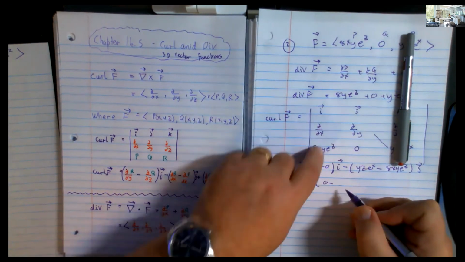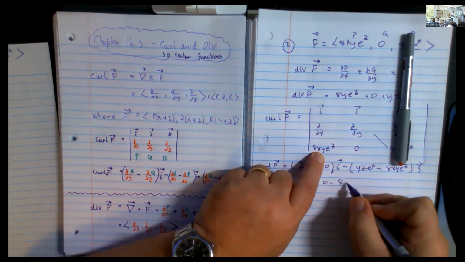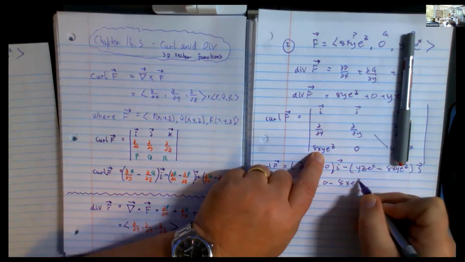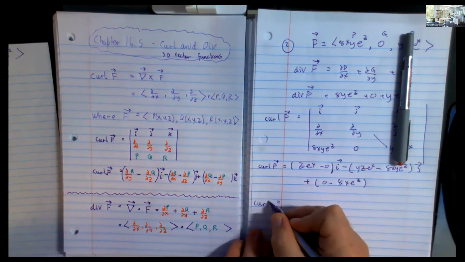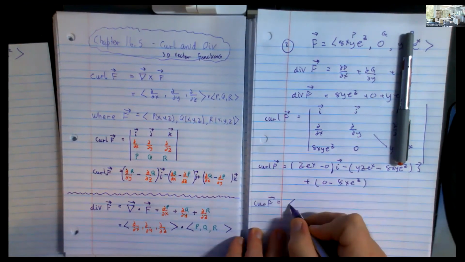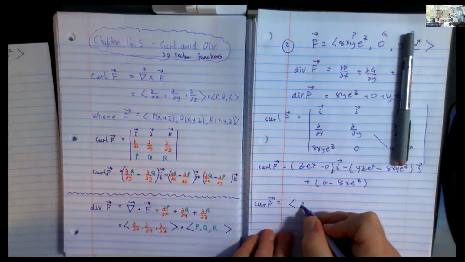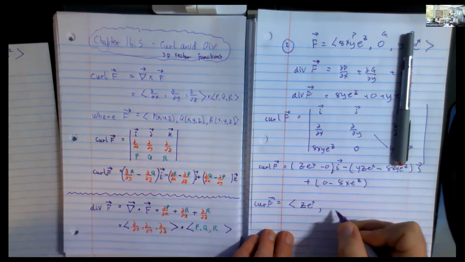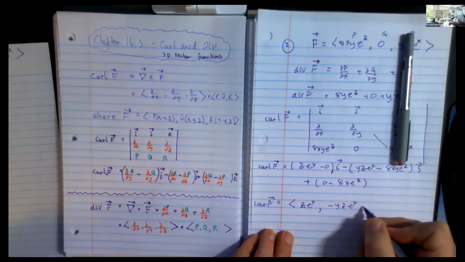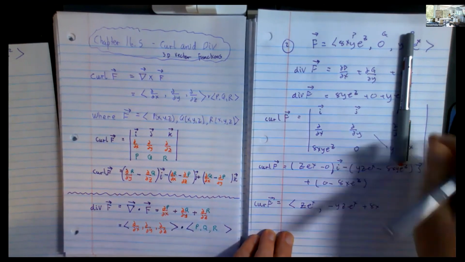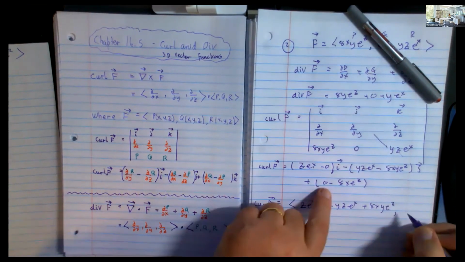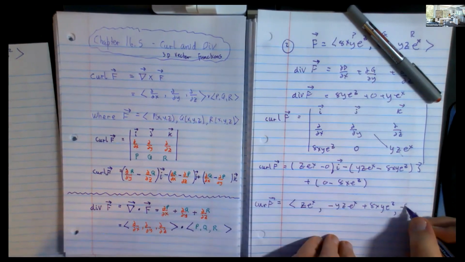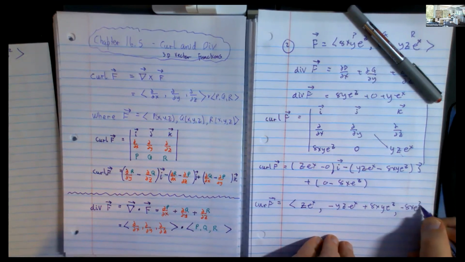And the partial derivative of this guy is 8x e to the z. So we are looking at the curl of F being z e to the x, yikes, negative z e to the x plus 8xy e to the z. And this fella here is negative 8x e to the z.